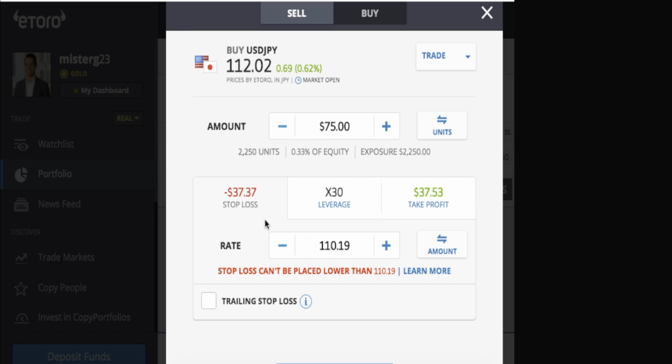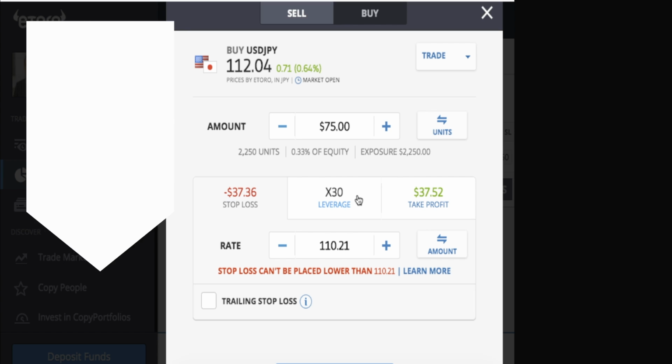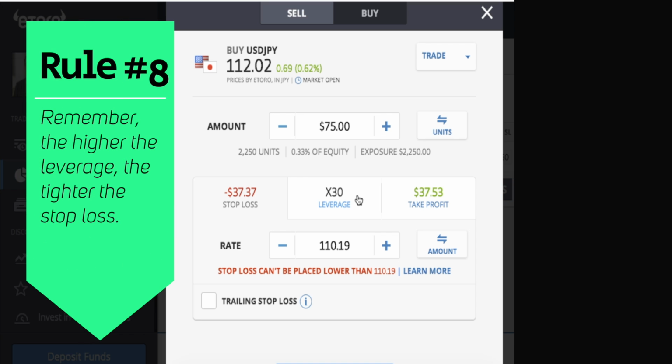So still, we can't reach the 109.5, and that's because of our leverage. This is a different topic, but in just a few words, the higher your leverage, the tighter your stop loss is going to have to be, because your position is actually bigger.